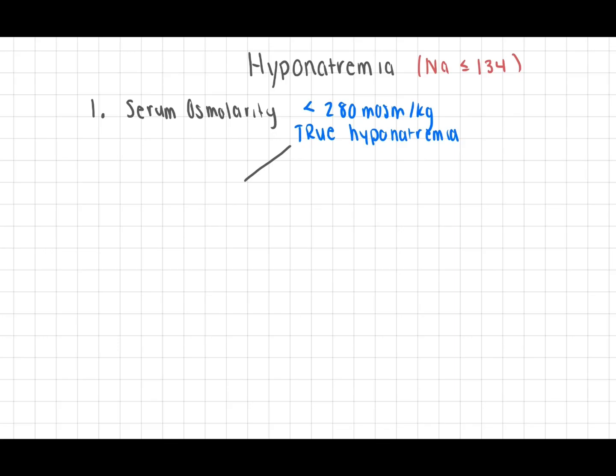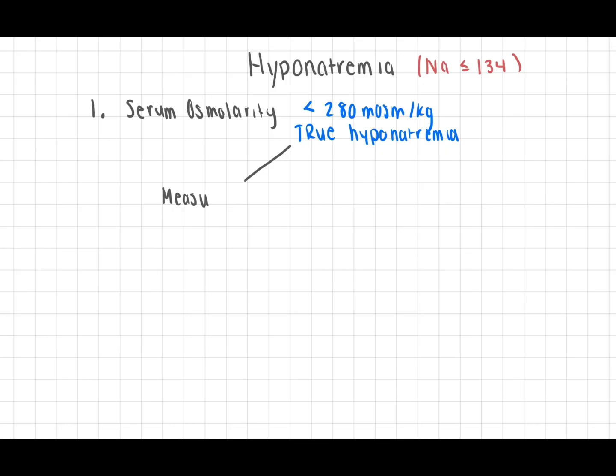So the normal response of the kidney when you're in a true hyponatremic state is to make maximally dilute urine. So they're trying to fix the problem. They're trying to get rid of it. If this is normal, so if the urine is maximally dilute, it means that your antidiuretic hormone is completely and appropriately suppressed. So this is a good thing.